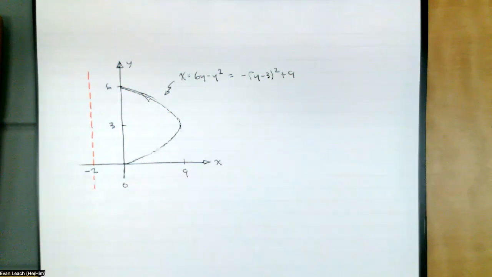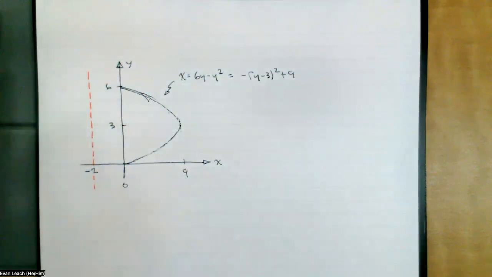Once we have our region and our axis drawn, we decide on a slicing strategy. We've only got two to choose from: slice perpendicular and slice parallel.